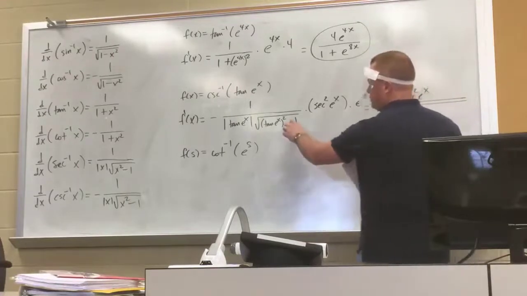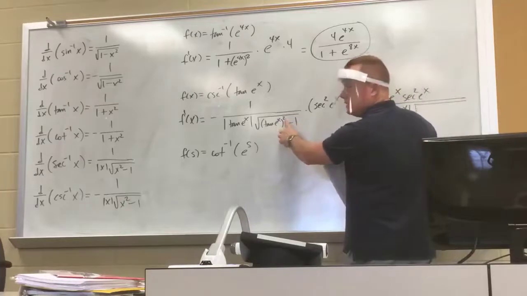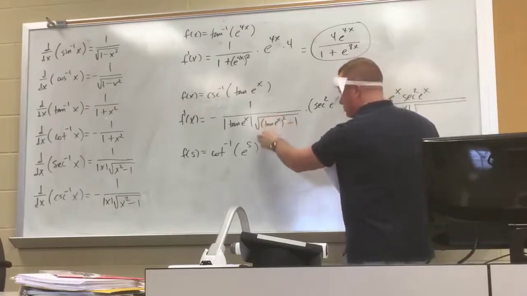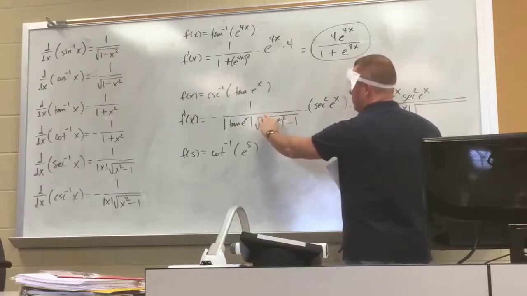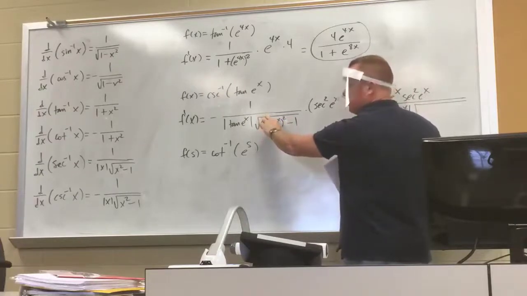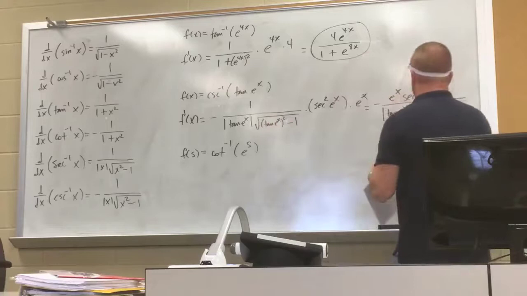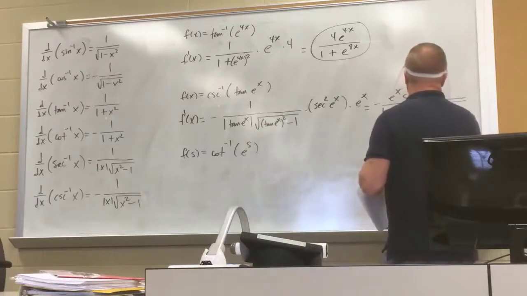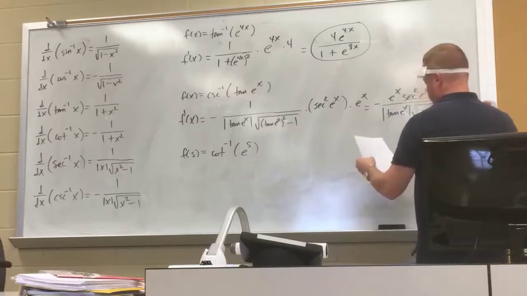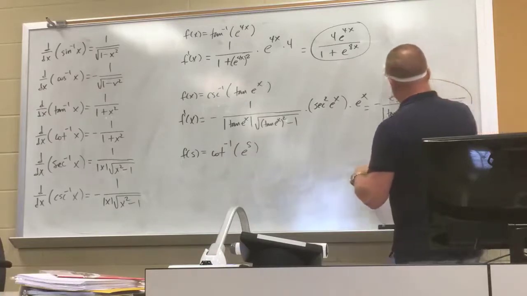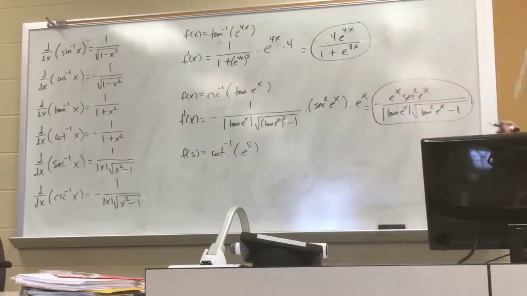Now, notice here this square on the tangent e to the x, the tangent e to the x is what's squared. So it would be all right for you to write the square right there after the tan part. So tangent squared e to the x minus 1. All right, any questions about that? Okay.